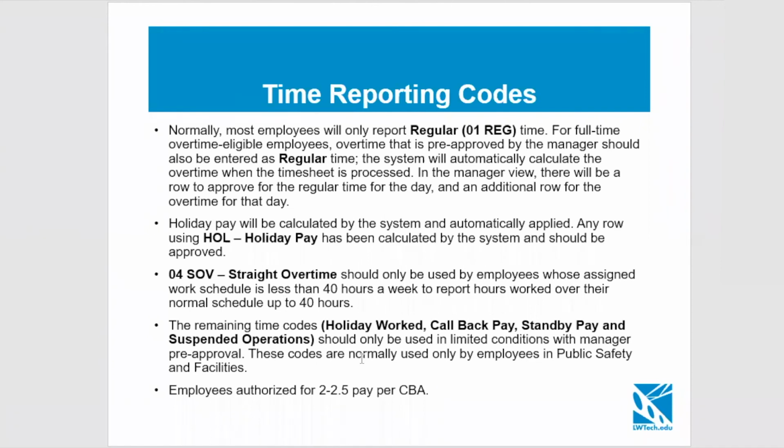And the remaining time codes, holiday worked, callback pay, should be only used in limited conditions with the manager's pre-approval. That's usually something you'll be working with payroll on as well to get a little more information on how to use those ahead of time. And then the employees authorized for 2.5 for overtime and holiday per their CBA.